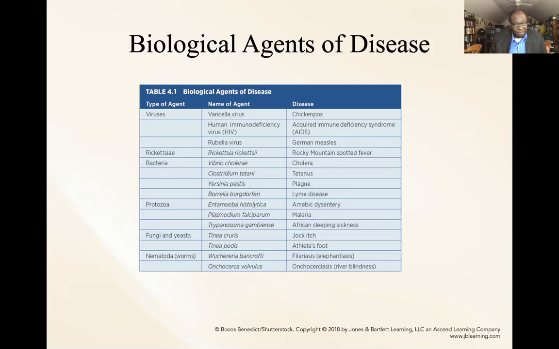Then you come to bacteria. Vibrio cholerae, the name of the agent. Then the disease they cause is cholera. Then you have also certain forms of bacteria that cause tetanus and others that have also contributed to plagues.